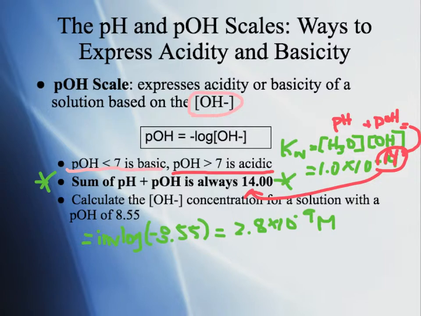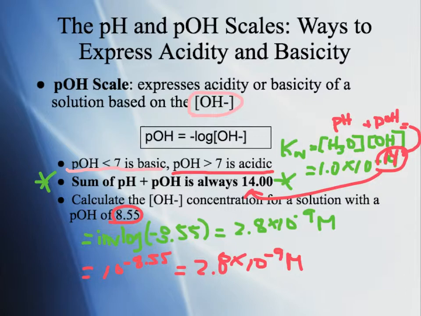All right, or the math for this is actually a lot easier. You could also take the pOH and put 10 to the negative value of that, and you'll end up with the same answer, 2.8 times 10 to the negative 9 molarity.